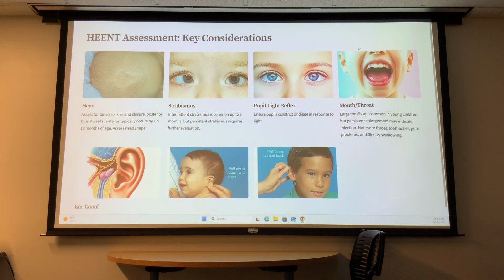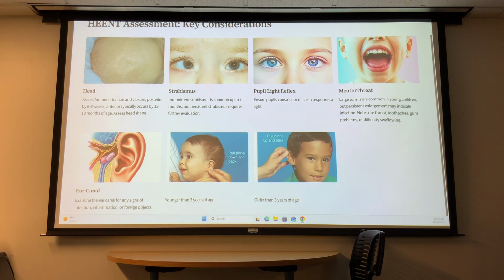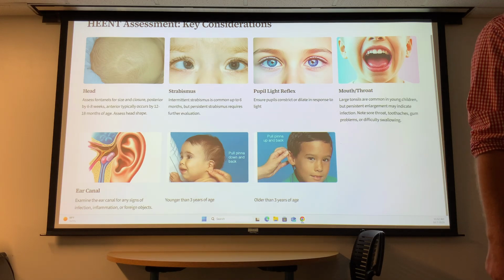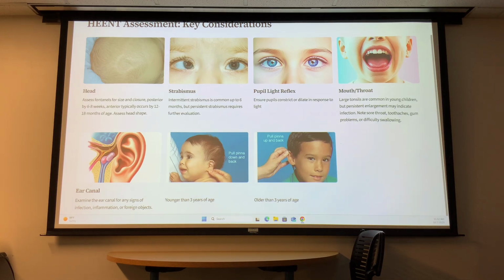What about their ear canal? Okay, looking at their ear for infection. Is there something in there? Right? Kids are pretty good about hiding all sorts of things in all sorts of orifices, right?